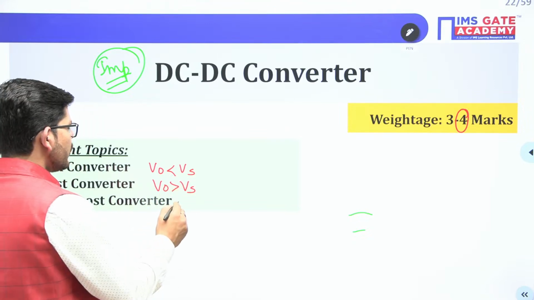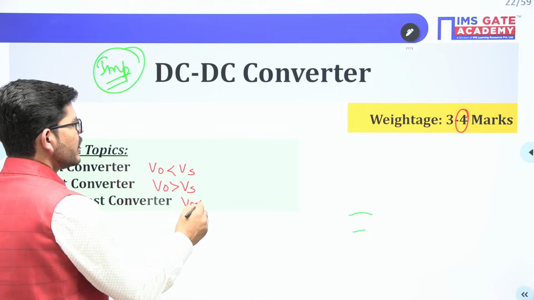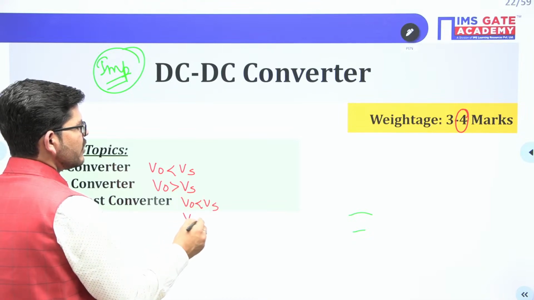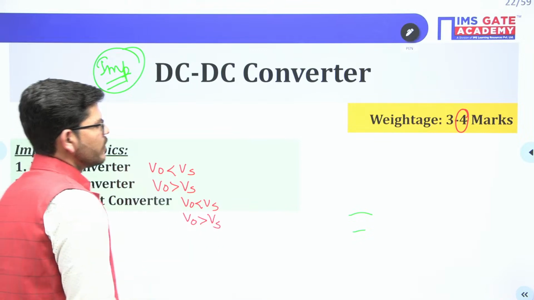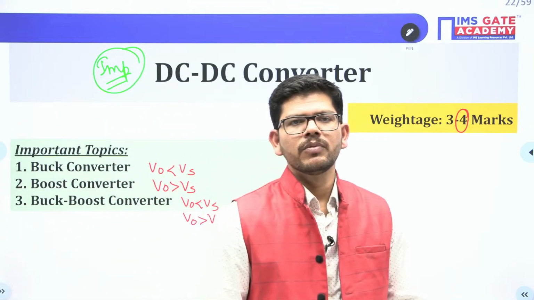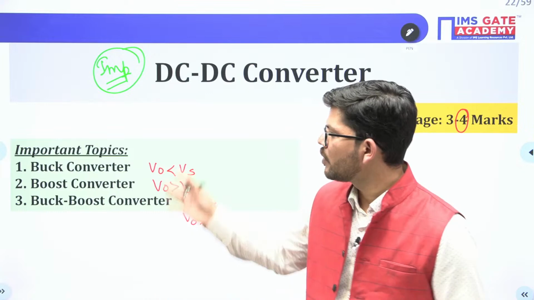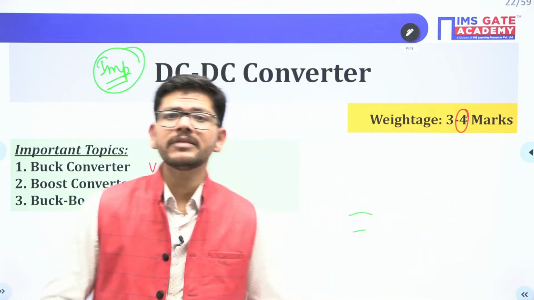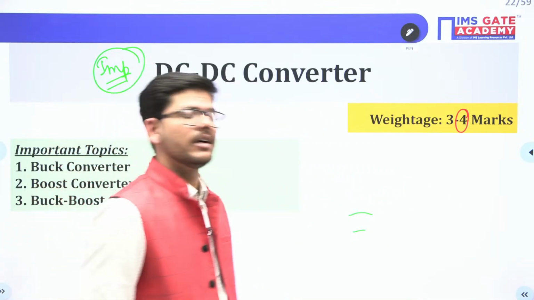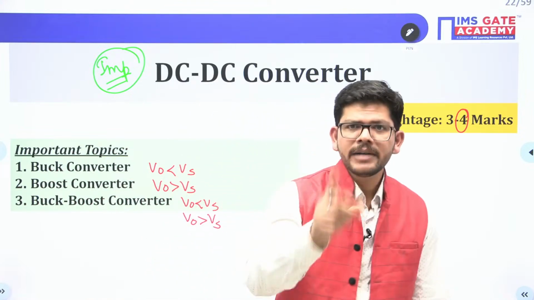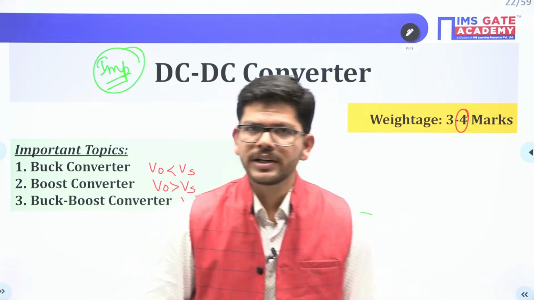And in case of buck boost converter, we can have both: either we can get the voltage greater or less than the input voltage. So these are the important topics as far as this particular chapter is concerned. And mind my words guys, this is a very important chapter.